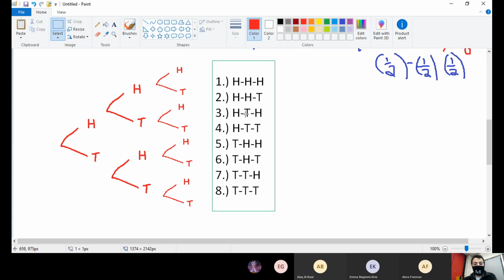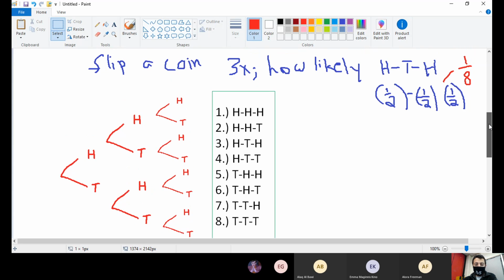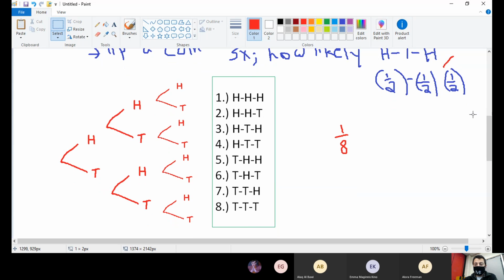All right, so let's go back to that 1 out of 8 figure. I got that just by multiplying these fractions, or these probabilities, together. But you could also get it by looking at the sample space.